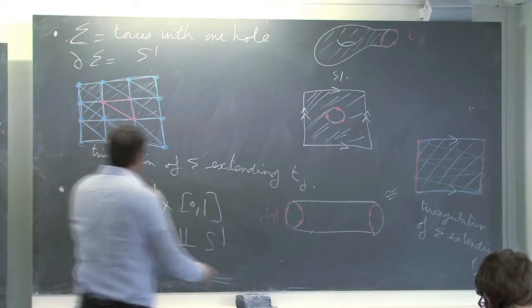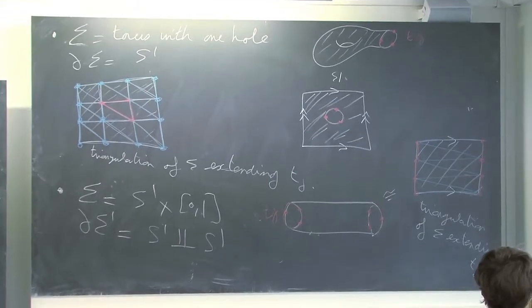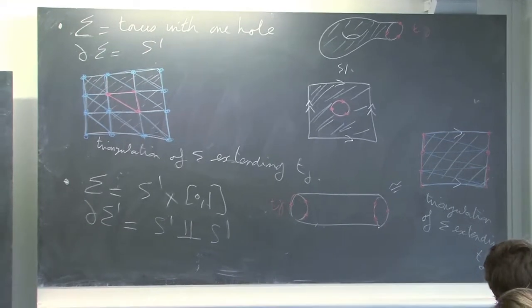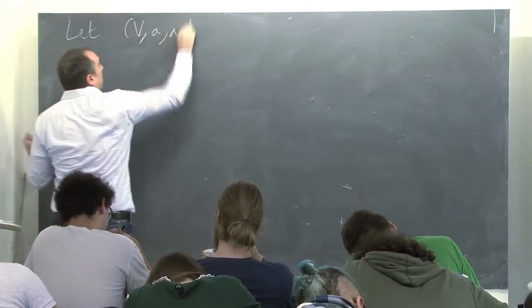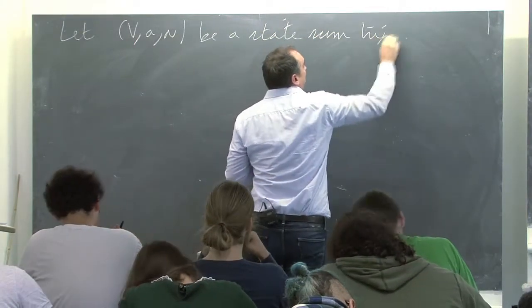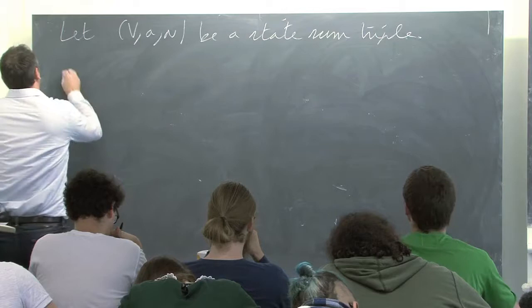Okay, so we have the notion of triangulation of a surface with boundary. And what we want to do is to associate an invariant. So we consider a state on the triple V, A, mu. So first, what do we do?